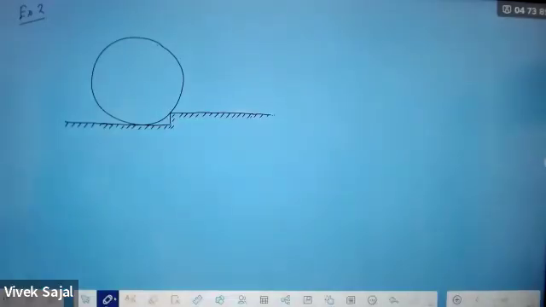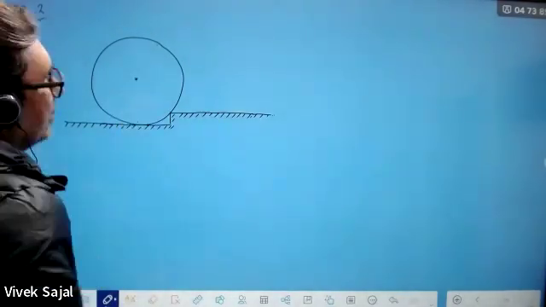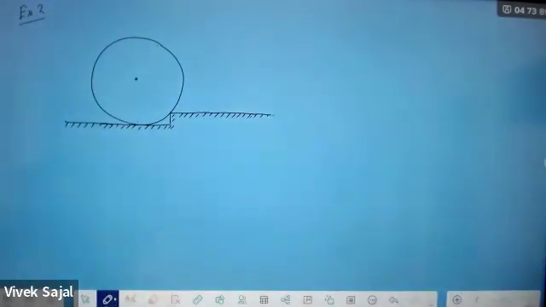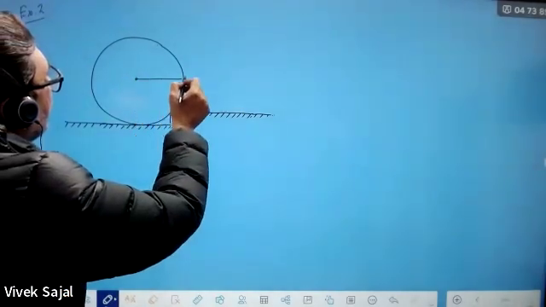So here is the center of this sphere, and you are applying a force in this direction.